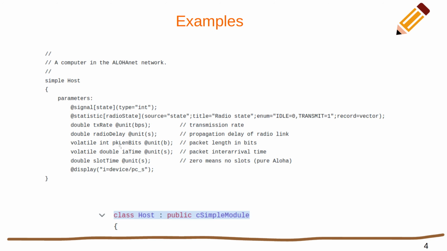Some examples of simple modules. From the samples that come with the OMNeT++ installation is the Aloha protocol. In an AlohaNet network, you'd have wireless computers. Any one of them can be represented as a simple module, simple host.